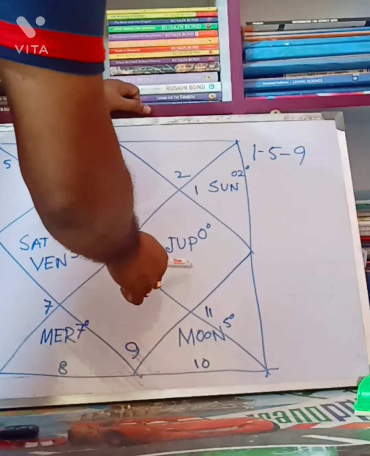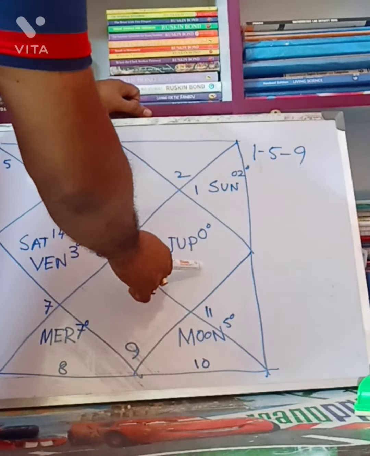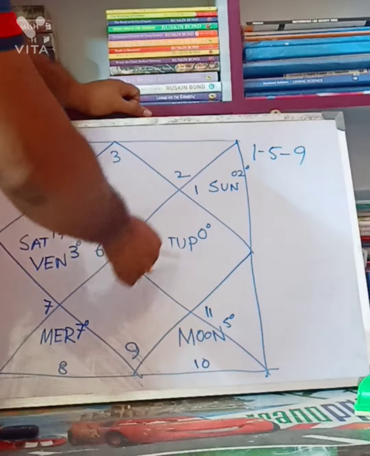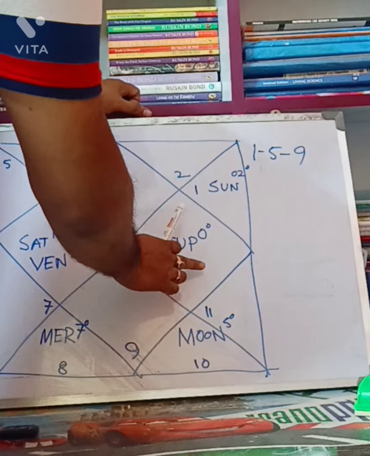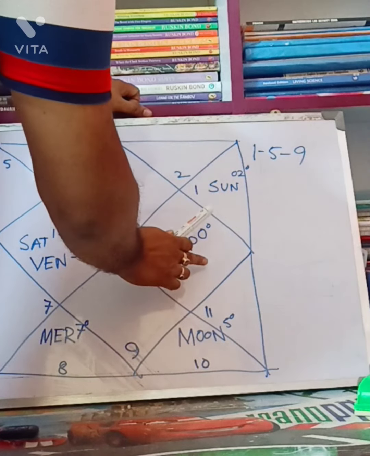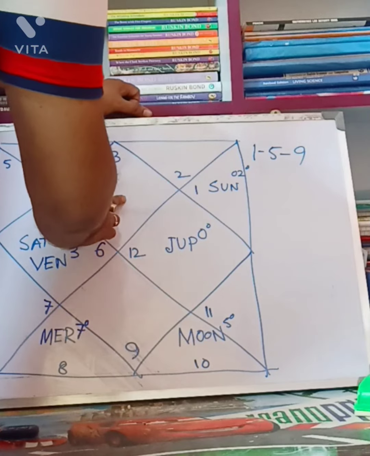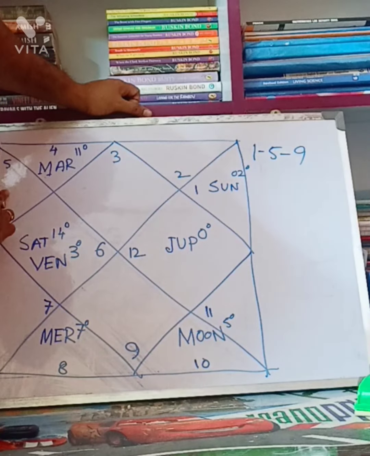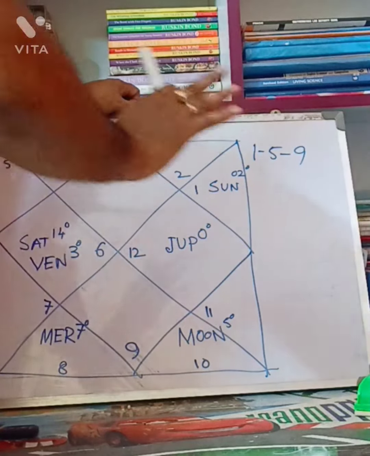If we count from here, as it is the ascendant itself, Jupiter, and it is at 0 degree. So Jupiter, we will count from here. 1, 2, 3, 4, 5, 6, 7, 8, 9, 10, 11.